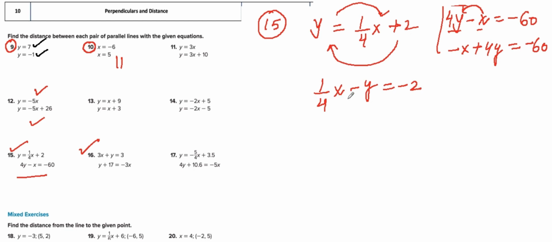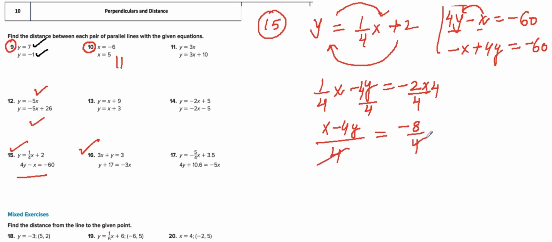Now change this into standard form, remove the fraction. So multiply by 4, and make the denominator the same on both sides. All the denominators are 4, so x minus 4y is equal to minus 8 over 4.